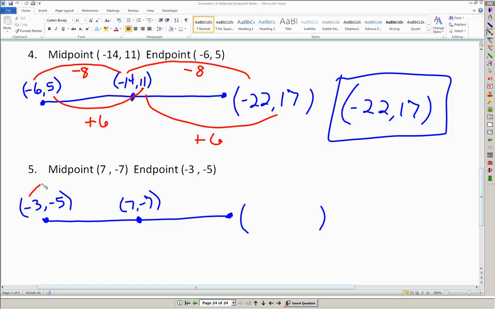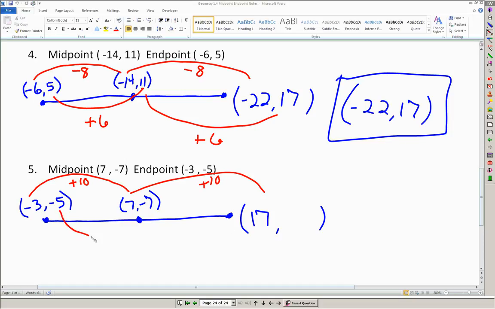Travel with the x's from negative 3 to 7. I'm adding 10. That's a 7 minus negative 3, which is positive 10. Adding 10, let's add 10 more. 7 plus 10 is 17. Now look at the y values.